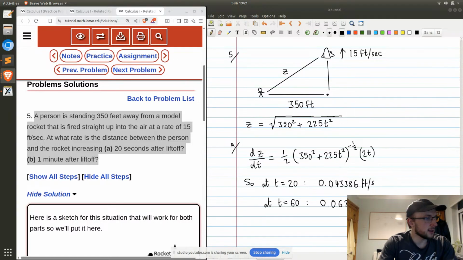And dz by dt equals all of that up there, then to the power of negative 0.5, and all of it is multiplied by 2 times t, is it not? So that equals this.